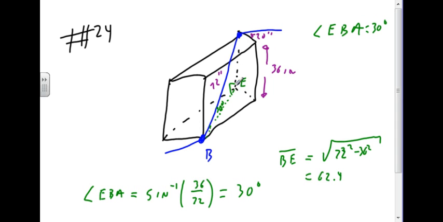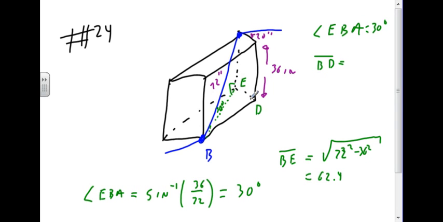I know that this is 20. So my advance, which is B to D, which I'm looking for, is going to be the square root of that guy squared minus that guy squared.